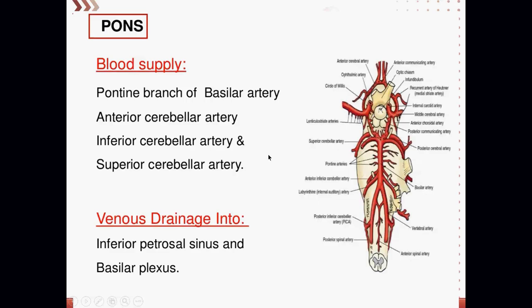Blood supply. The central basilar sulcus contains the basilar artery, which is formed by the union of the two vertebral arteries.